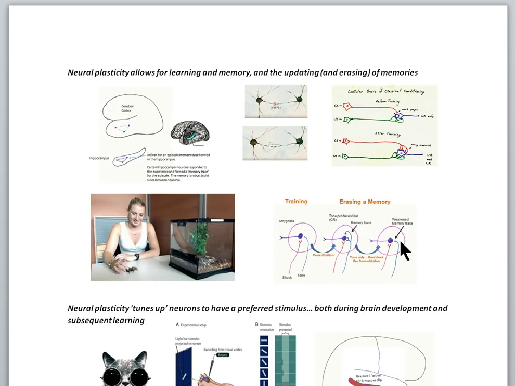There happens to be another way to do this, and that is to use an extinction procedure as well. So you have the animal retrieve the memory or the person retrieve the memory, and then you present the conditioned stimulus by itself. So in this case, the tone alone, tone alone, tone alone, it seems to have the same effect of weakening the original memory, erasing it.